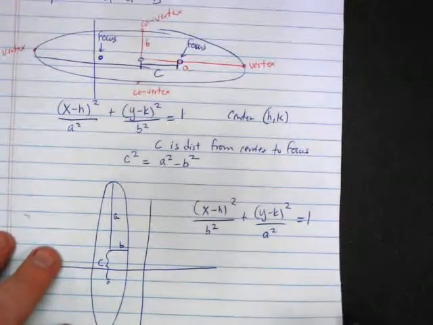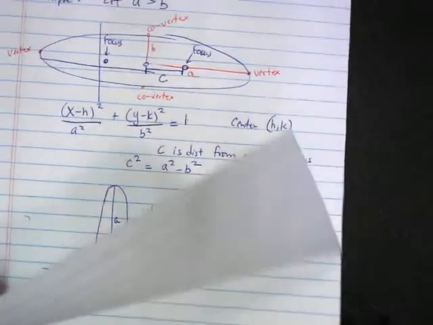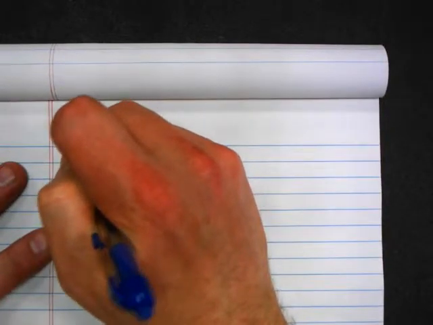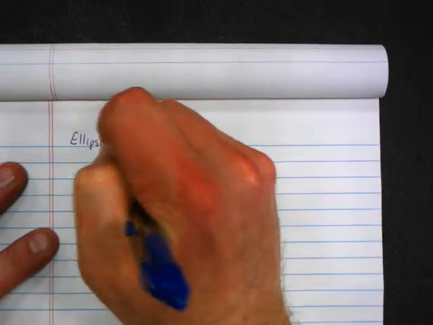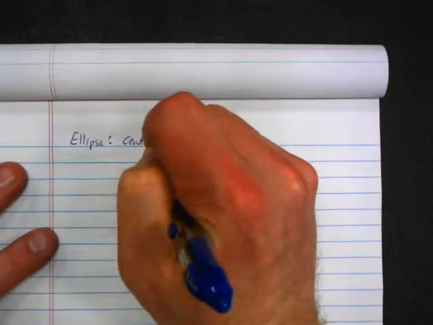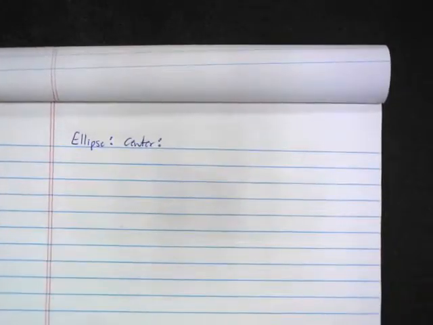All right, so what could happen? Well, I could give you some information. I could say, I want to know the equation of the ellipse. This ellipse is going to have a center. What do you want for your center? 2, 4.